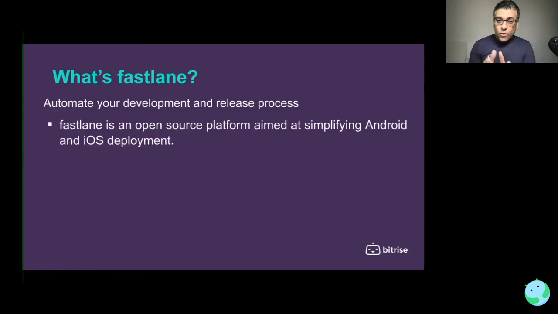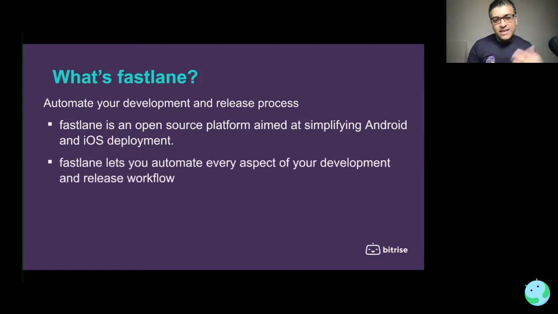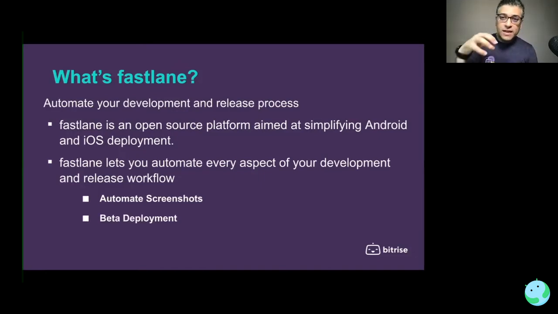Fastlane is open source, and it simplifies Android and iOS deployment. It lets you automate all the tasks: builds, tests and releasing the application, by adding them in the Fastlane file. For example, automating screenshots is already a built-in feature inside Fastlane.